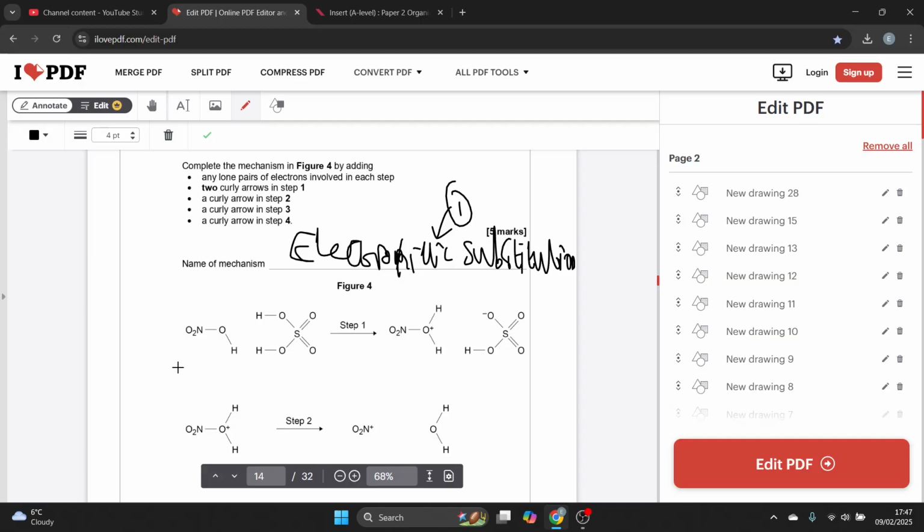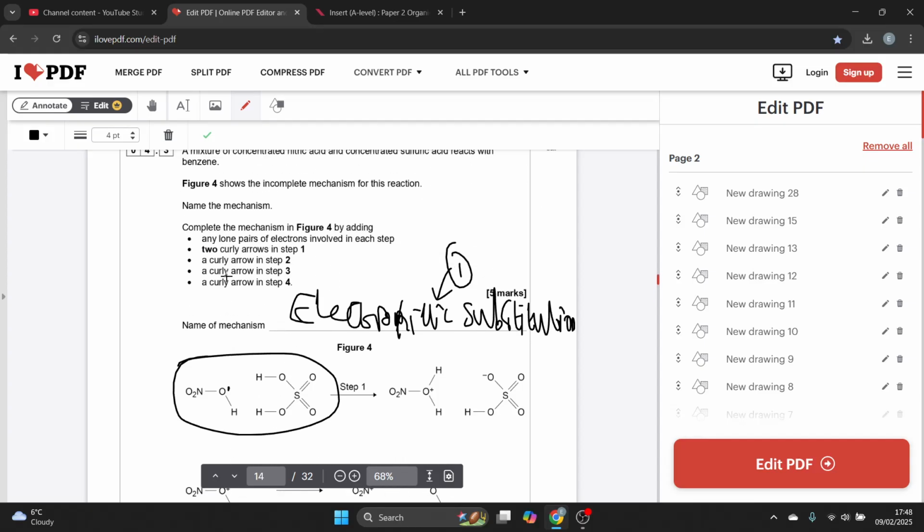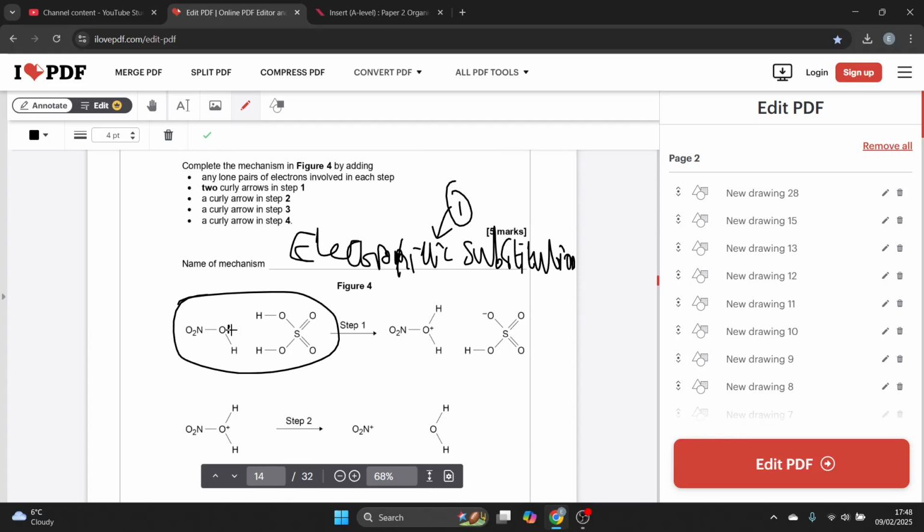2 curly arrows in step 1. On step 1, the oxygen is positively charged and this oxygen is negatively charged. So what's going to happen is that the lone pair of electrons here, any lone pair of electrons involving each step.